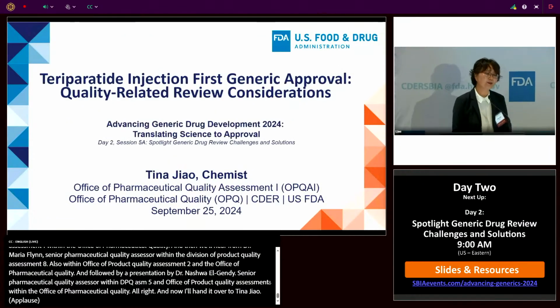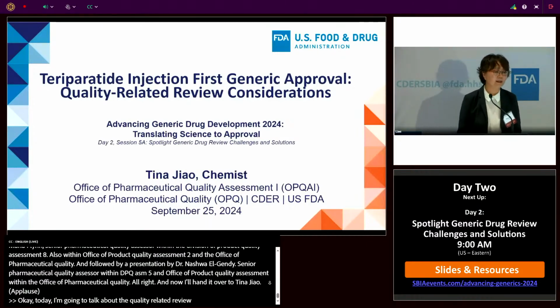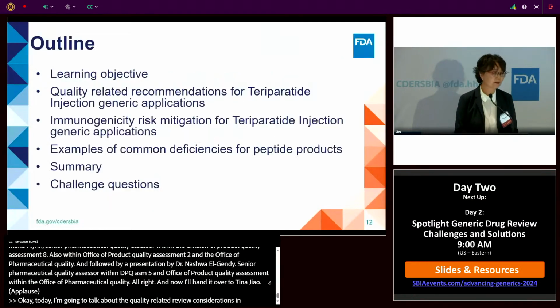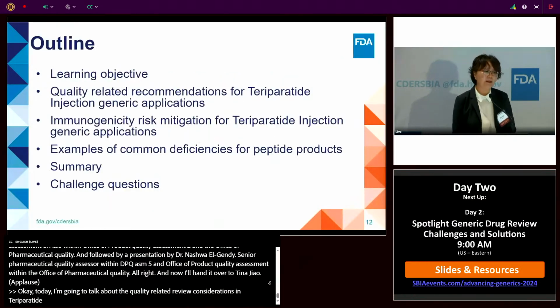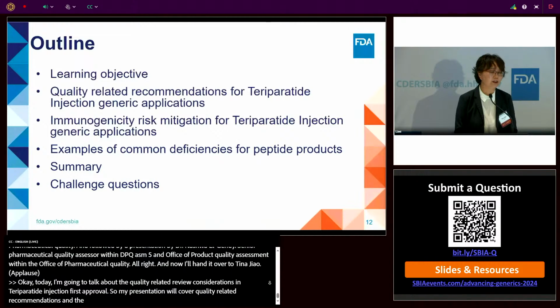Okay, today I'm going to talk about quality-related review considerations in teriparatide injection first generic approval. My presentation will cover quality-related recommendations and immunogenicity risk mitigation for teriparatide injection generic applications.